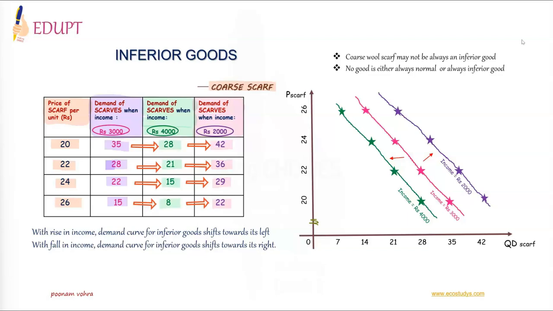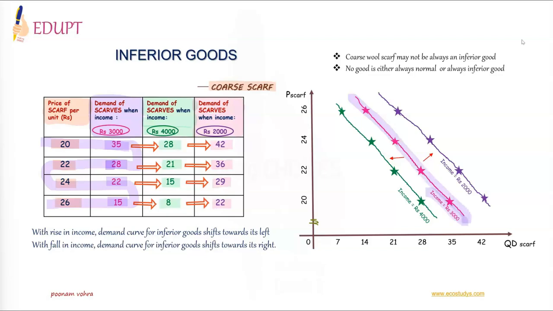This can be shown diagrammatically too by first plotting the demand curve of scarves when income is 3000. That is, plotting these values. One gets a downward sloping demand curve.